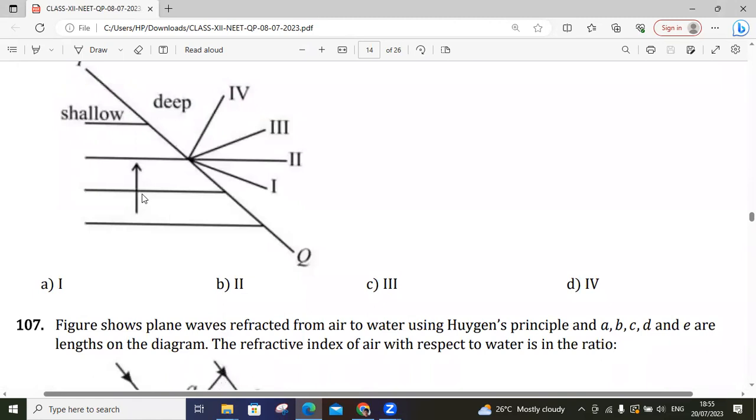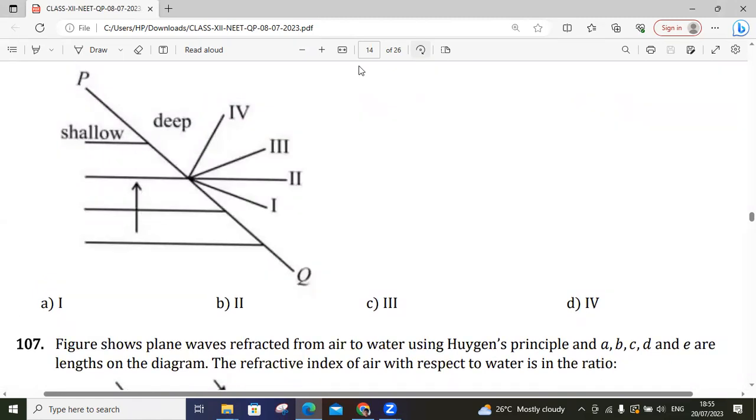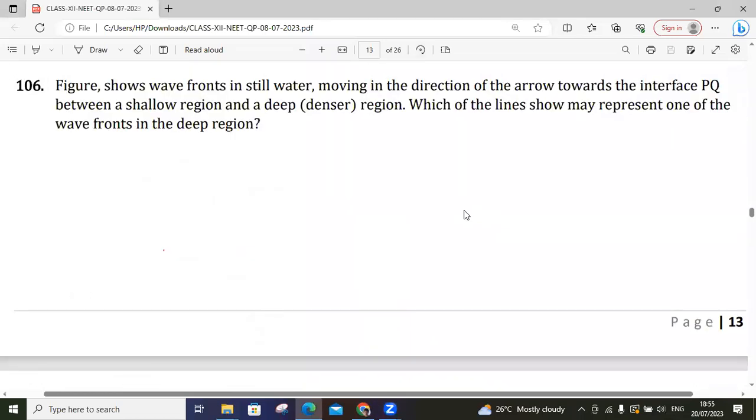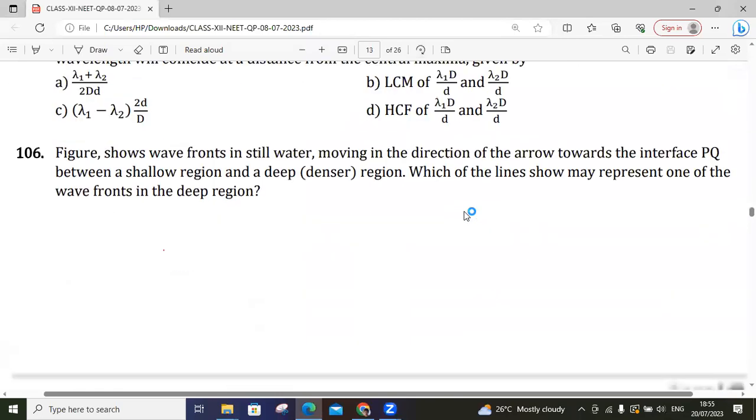So here if you see, the waves are coming. The waves are going. The arrow mark indicates the direction, wavefronts in still water moving in the direction of the arrow. So wavefronts move in the direction of the arrow.